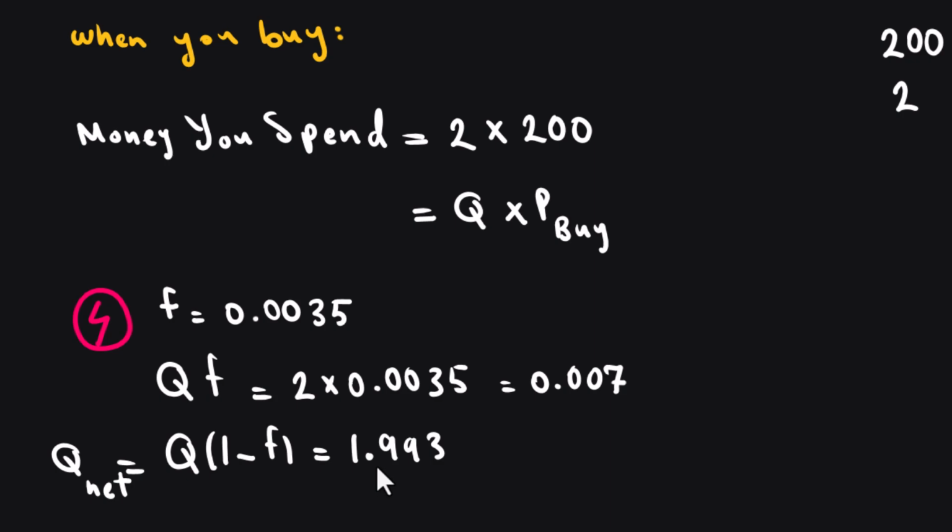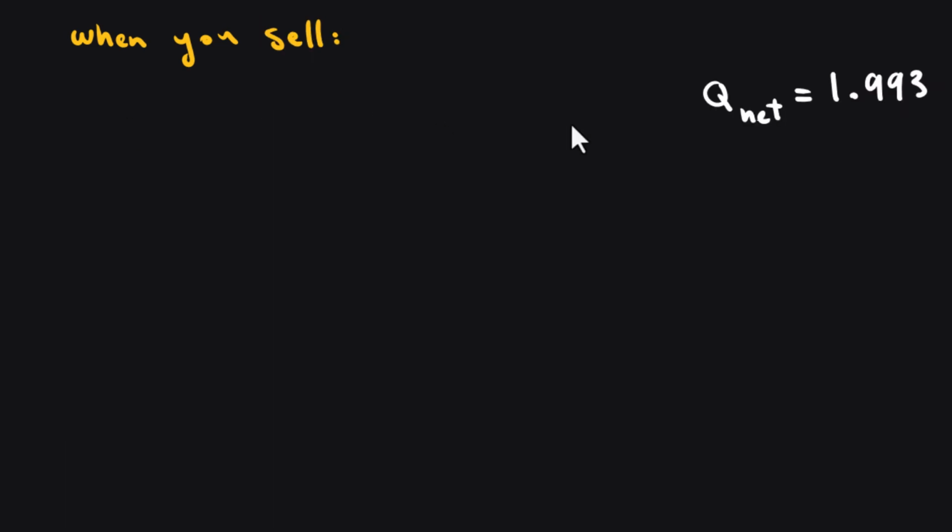So Q net is 1.993. Suppose that you want to sell this asset, for example, at this price, 250. So this is the price that you want to sell at.